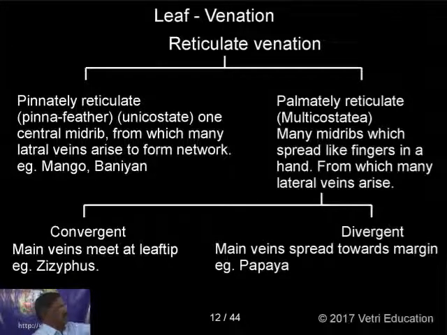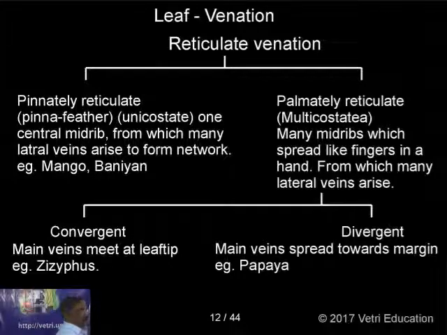Whereas the palmately reticulate venation is called multicostate. If you remember this name, you can remember that many midribs are there. These many midribs will go either converging at the apex or going in different directions to the margin. So based on this, palmately reticulate venation is again divided into two types, convergent and divergent. In convergent, the main veins meet at the leaf tip.